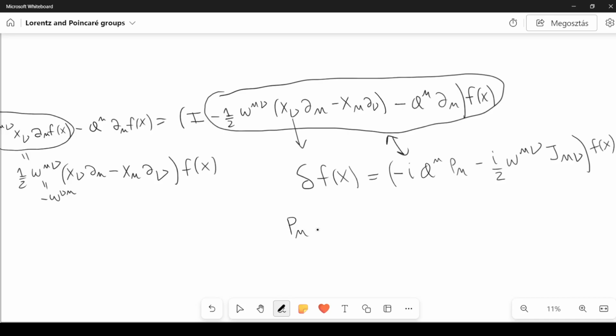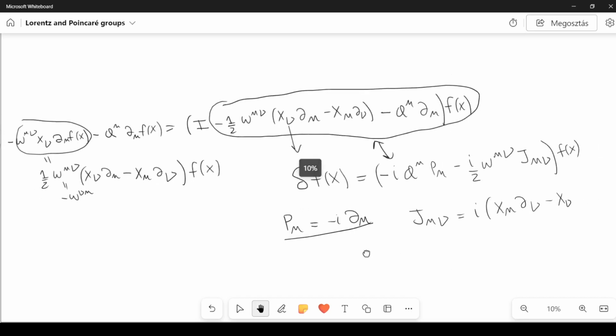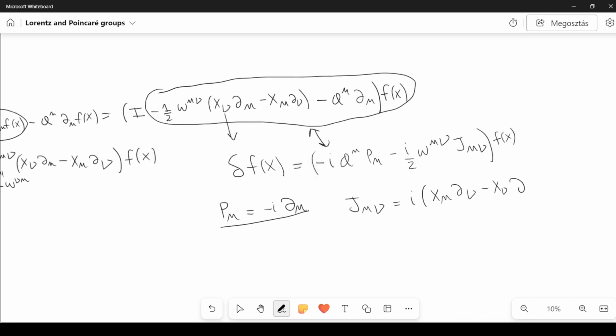By setting these two transformations equal to each other, by comparing them, we find that p mu can be written as minus I partial derivative with respect to mu, so this is an operator, and we can define j mu nu as I (x mu d nu minus x nu partial derivative with respect to x mu), like this.